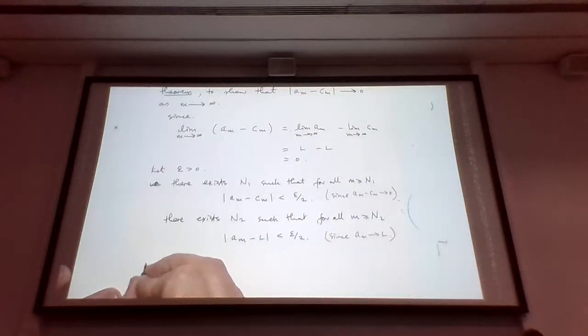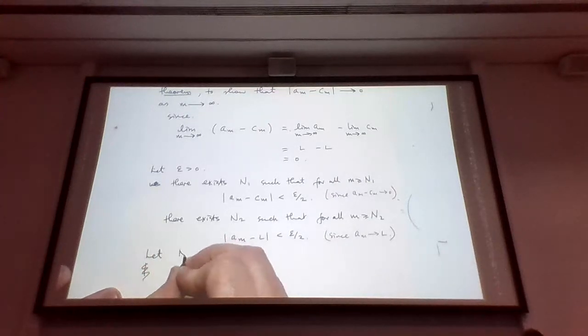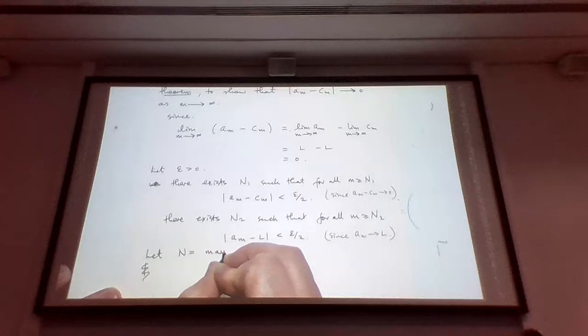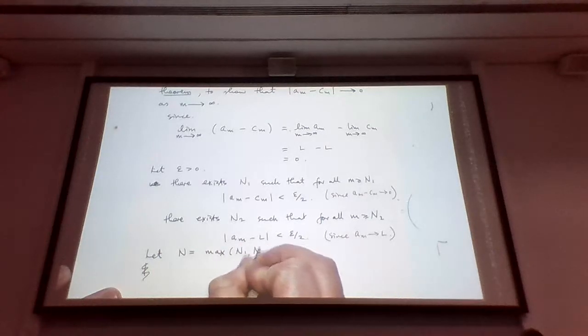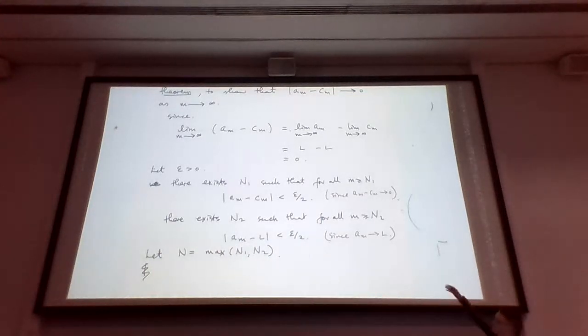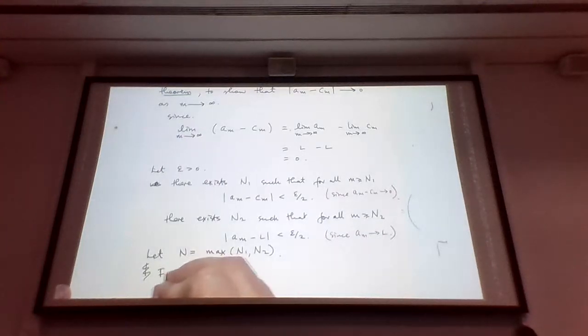So now we can let n be the maximum of these two numbers, n1 and n2, as we usually do, because we want to make use of both of these inequalities. And now we can say that for all values of the index little m bigger than or equal to n, both of these inequalities are true.